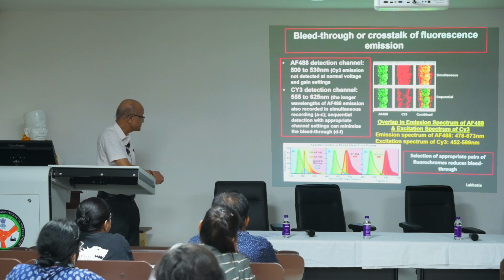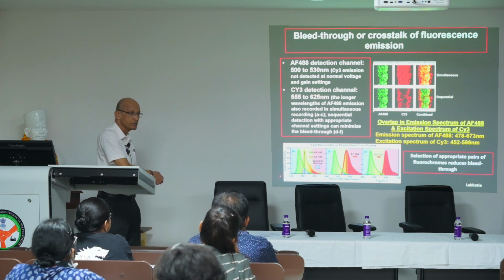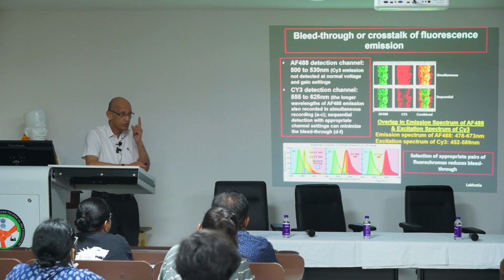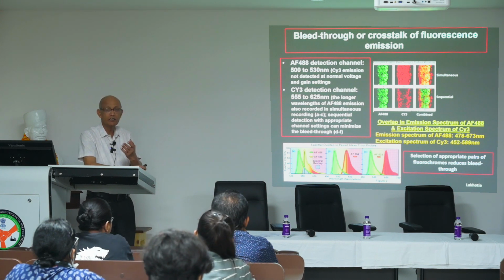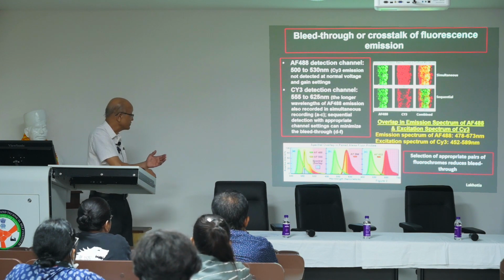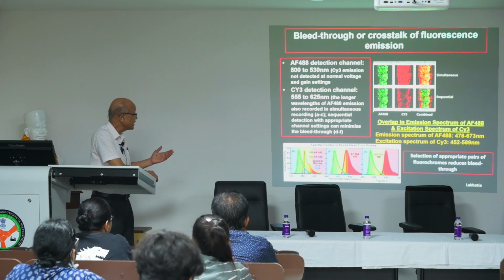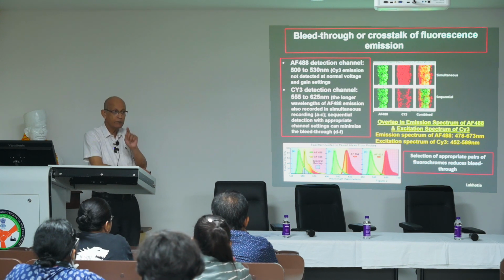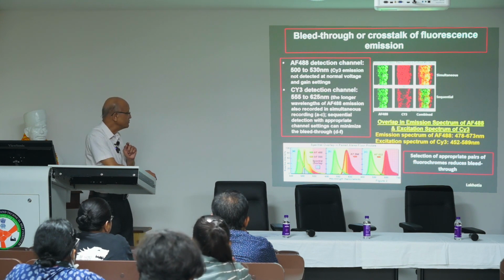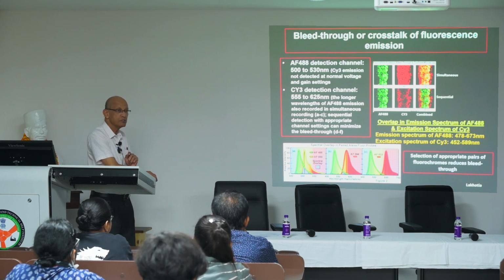Its excitation spectrum will be somewhat on this side, lower than this. But it's not just one particular wavelength where it gets excited. It may get excited, let's say, for example, from 390 to 450, anywhere. But it will have a peak excitation. Similarly, emission, it can emit wavelength from here to here, but peak emission is here.